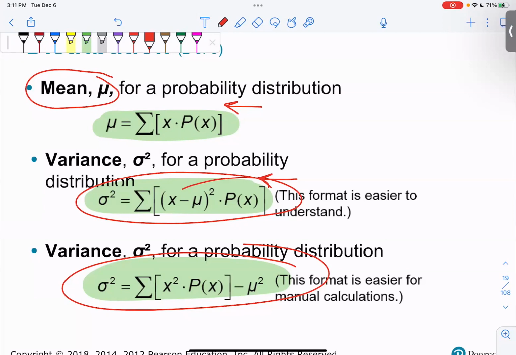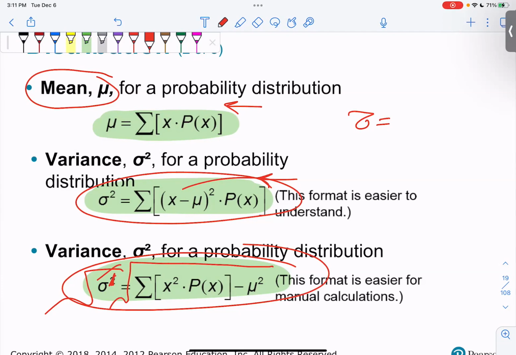The standard deviation is just the square root of this. If we take the square root, it will cancel the square. So sigma is standard deviation, and sigma squared is variance. What's the difference between variance and standard deviation? It's just a square.